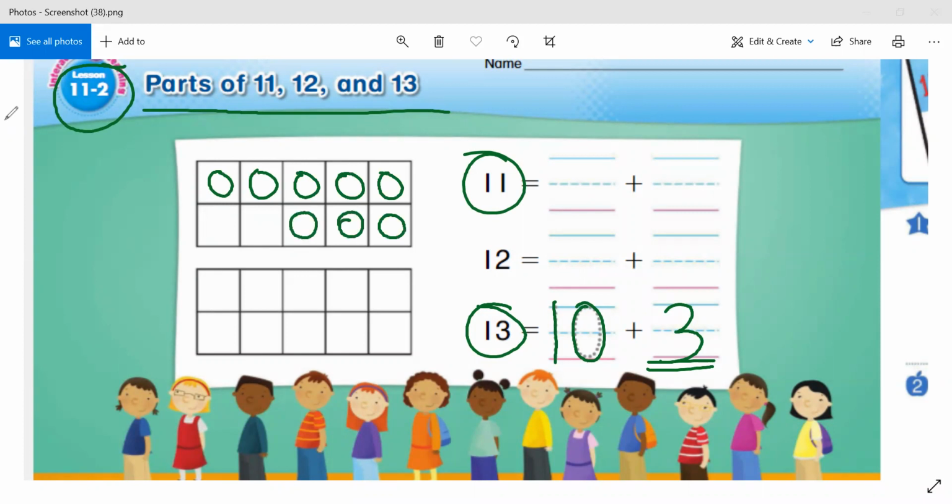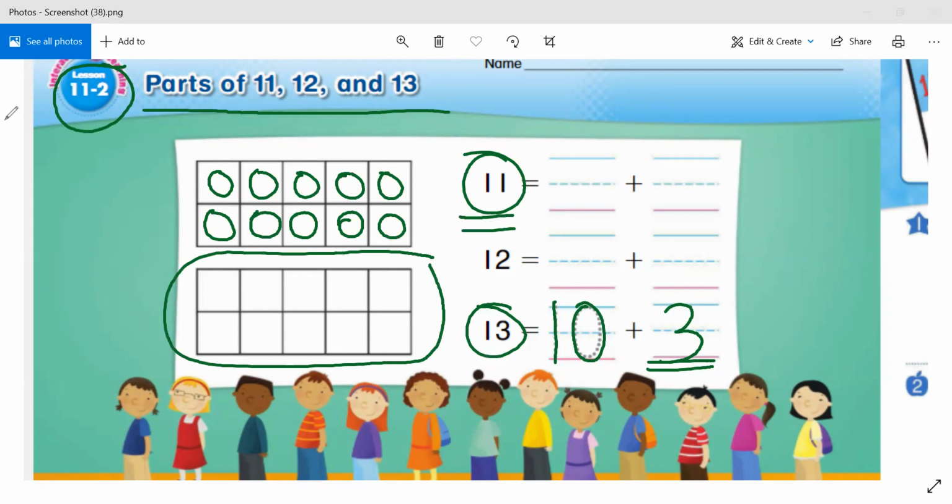We don't have to count. So 10 students are in the first train. How many more will be waiting to go on the second train? So we filled up 10. We have 11. So how many counters are we going to put in the second 10 frame? 10, 11. So we added one counter to our second 10 frame.